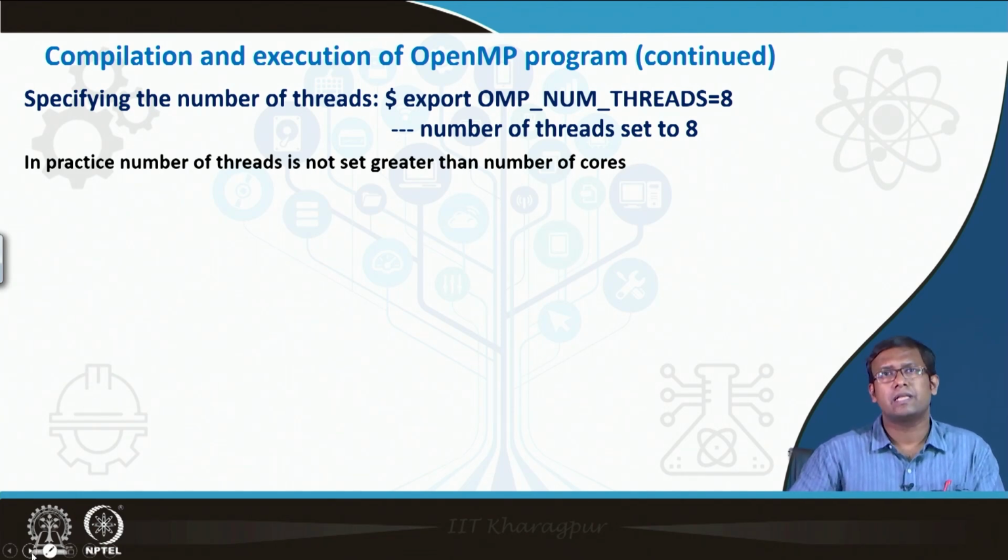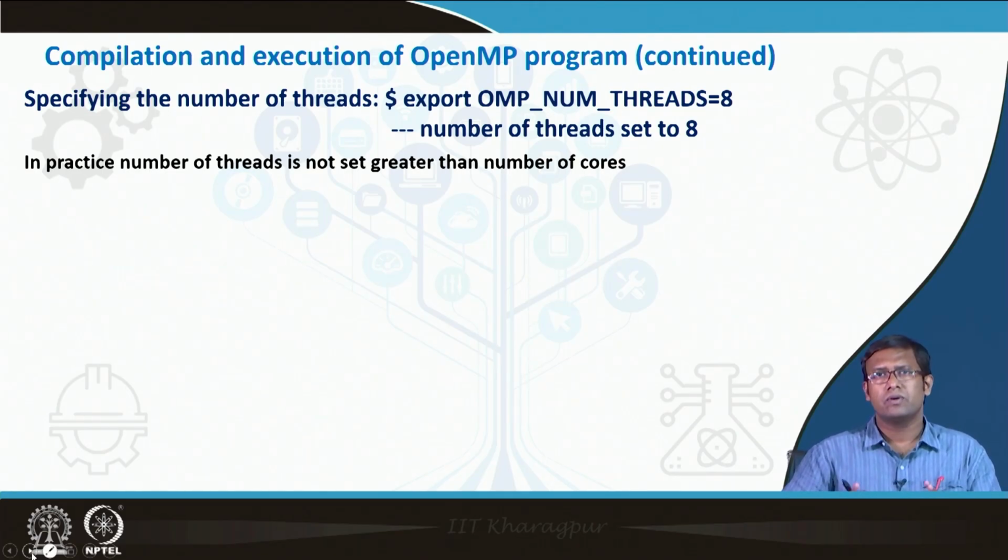In practice, the number of threads is not greater than the number of cores. Why? Because then there will be load balancing issues, with threads distributed across different processors, some getting less and some getting more.